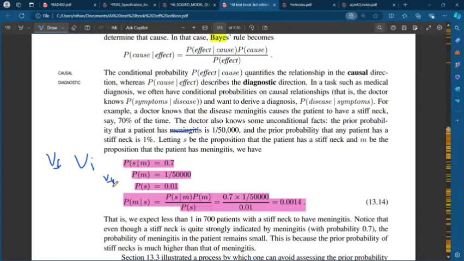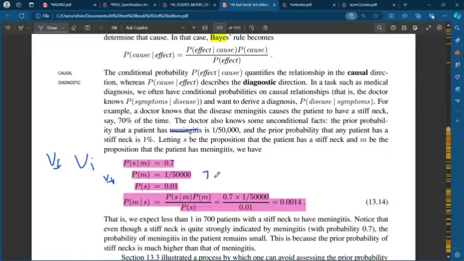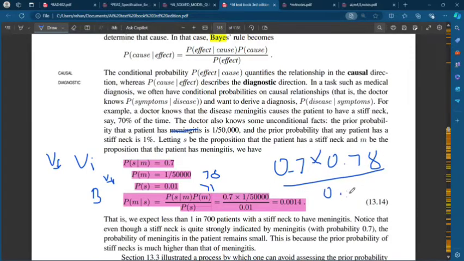P of M, that is P of viral fever, only viral fever, how much they have given? Wait, let me just check again. 7, 8. Okay, 7, 8. Then here 3, 1. P of what is it? Bacteria. Now what I can do simply, I have to multiply 0.7 into 0.78 divided by 0.31.